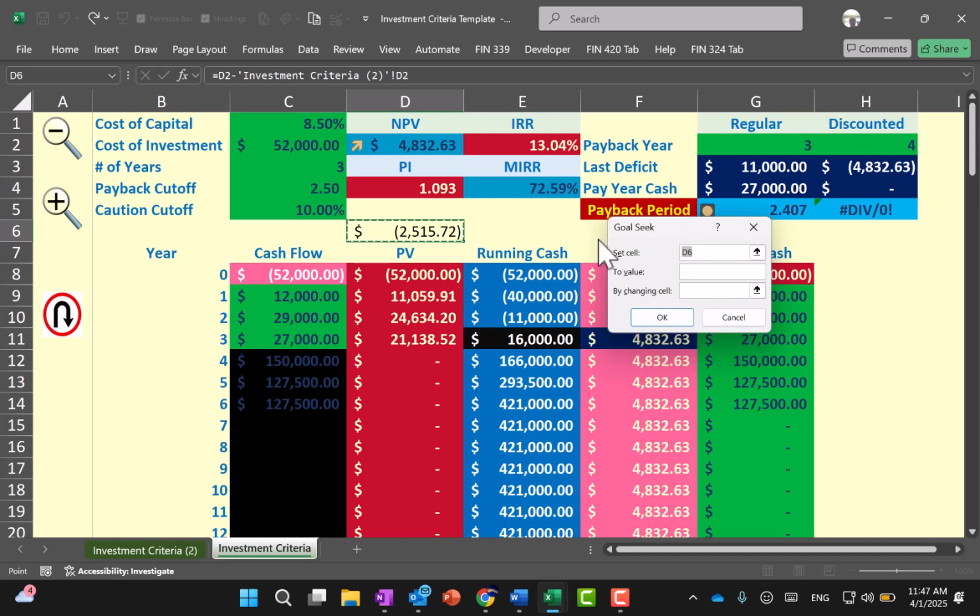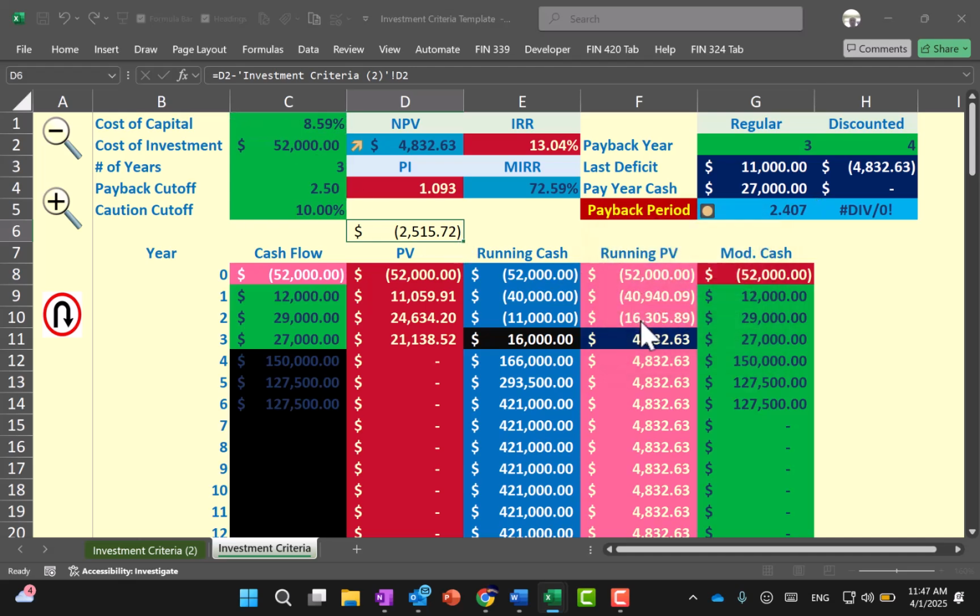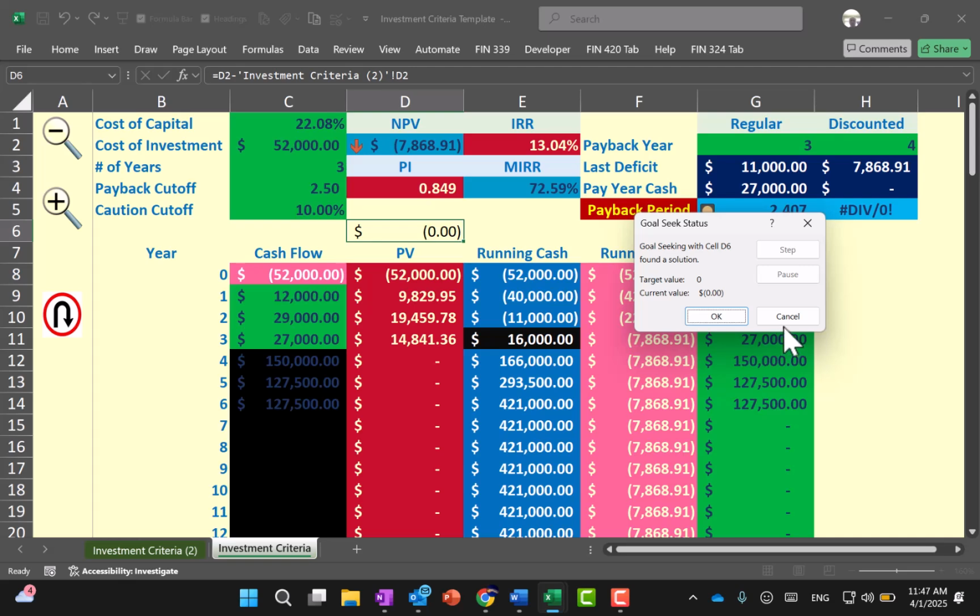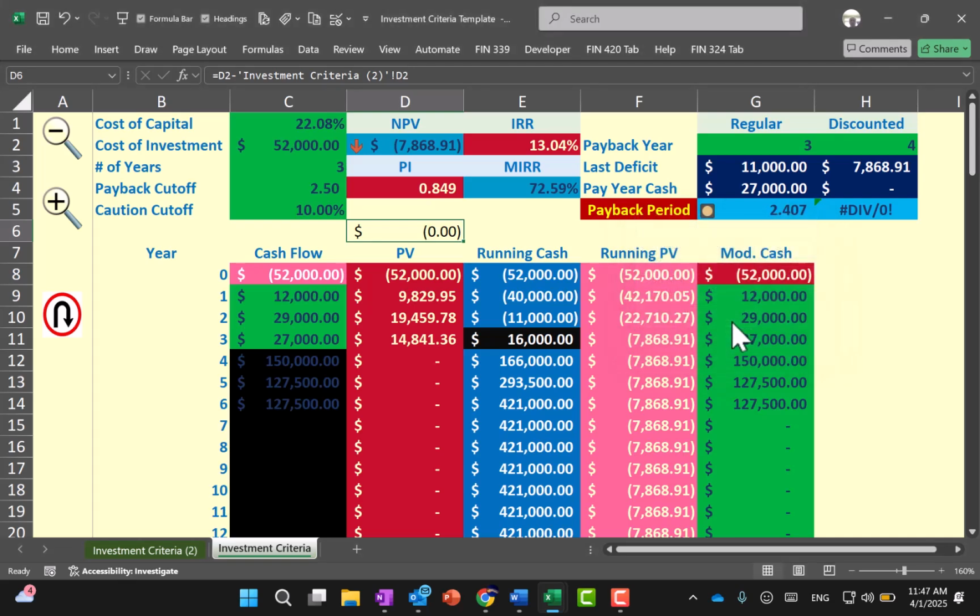The first argument is, what is it that I'm trying to set to a certain value? The second argument is, what is that value? In this case, 0. What am I going to vary around? This discount rate. Okay, done. That number is 22.08, right?